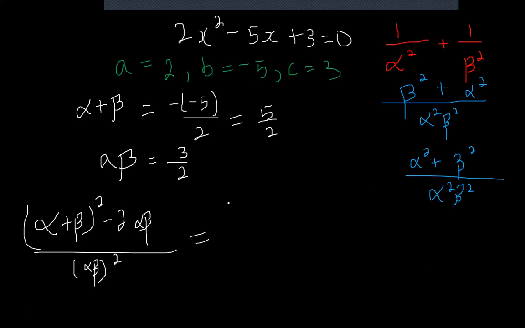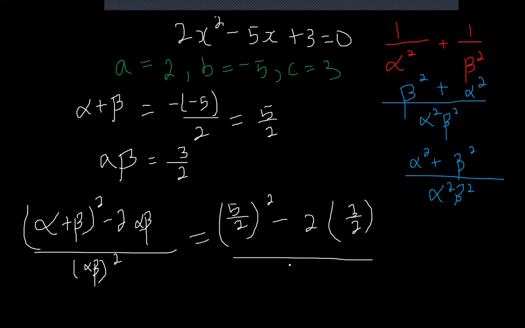This is equal to alpha plus beta, 5 over 2, so 5 over 2 squared, minus 2 alpha beta, 2 times 3 over 2, all divided by alpha beta squared, 3 over 2 squared. So that's 25 over 4 minus 3, over 9 over 4.